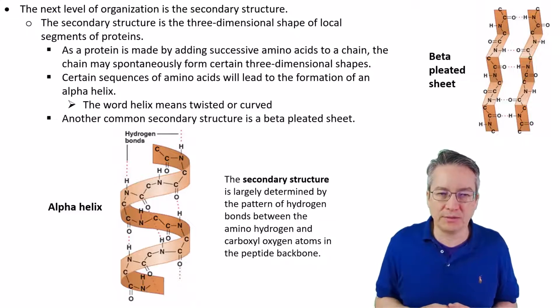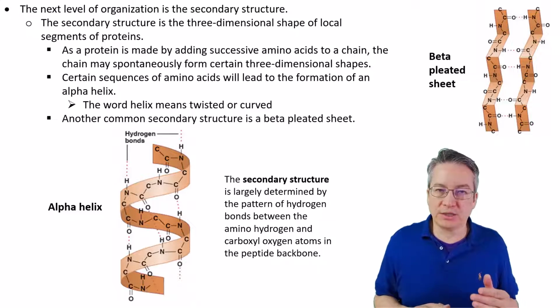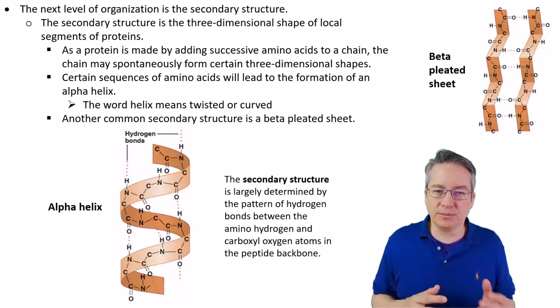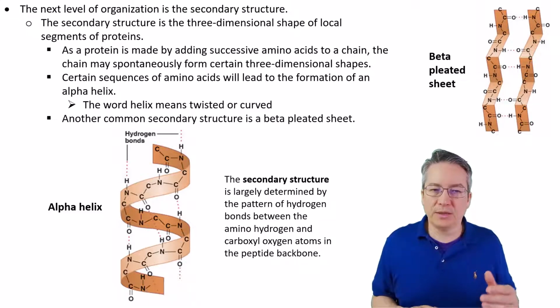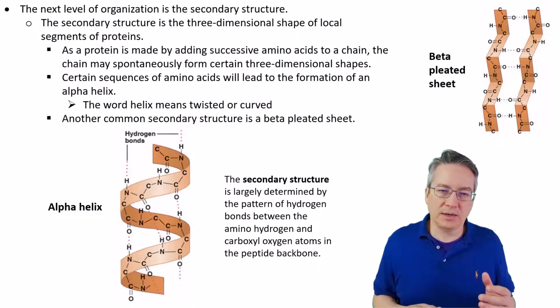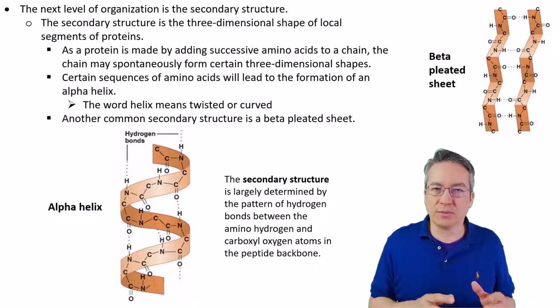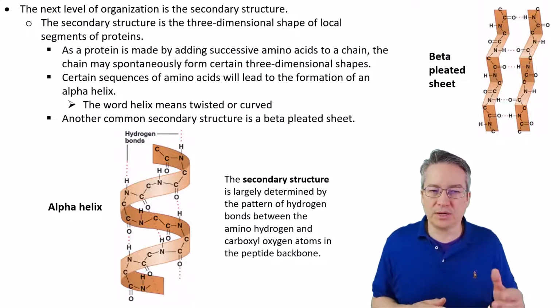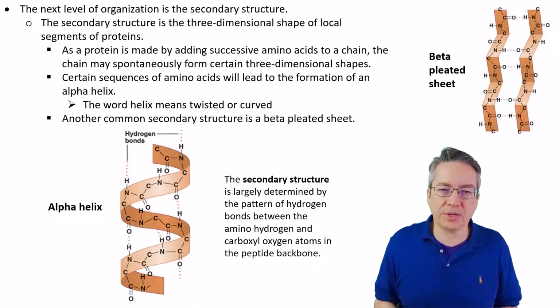So we can see that here in this figure. You can see hydrogen, which is attached to nitrogen. So that's the amino hydrogen. And it's making a hydrogen bond, which is shown with a dashed line, to an oxygen, which is formerly part of a carboxyl group, right? Because you can see the oxygen is bound to carbon.